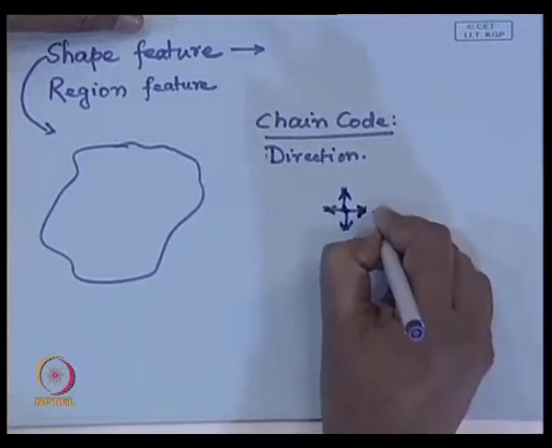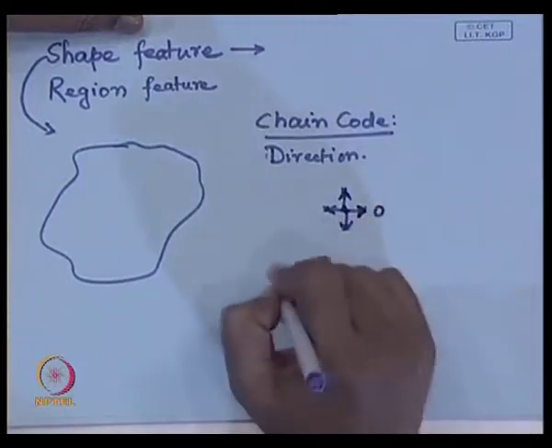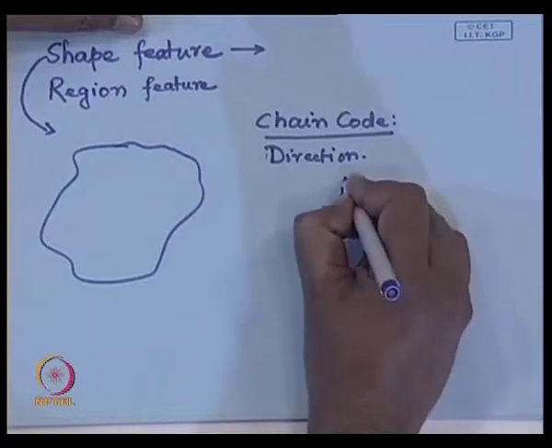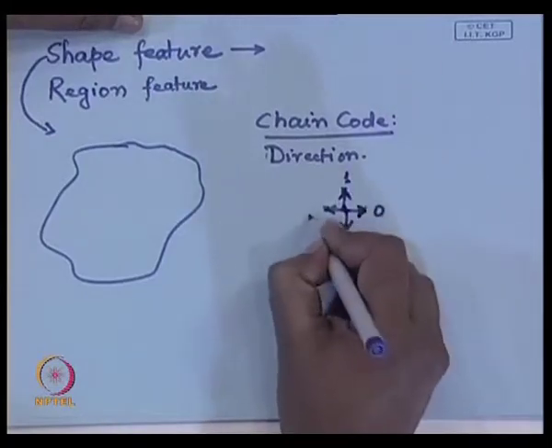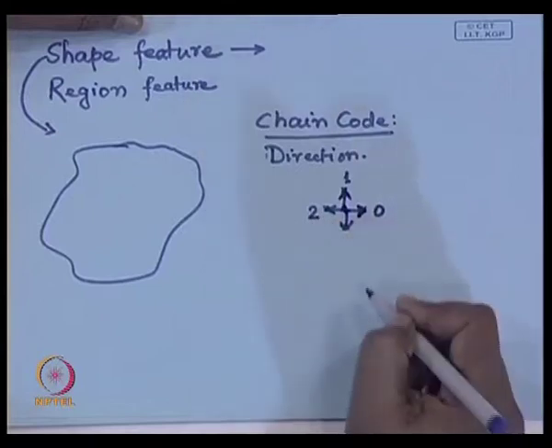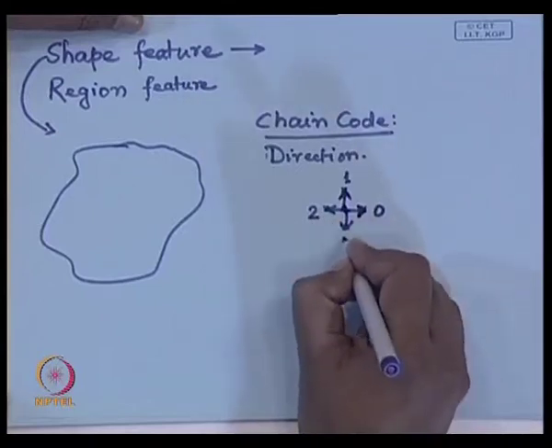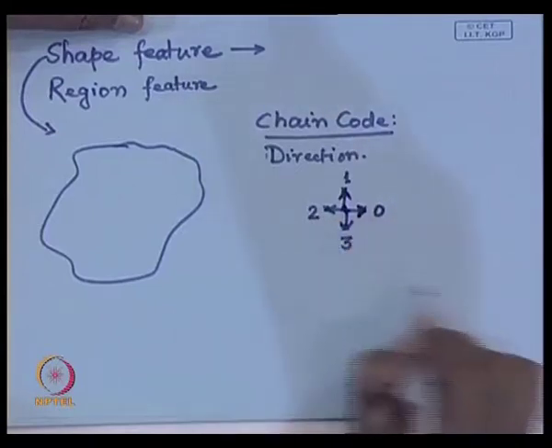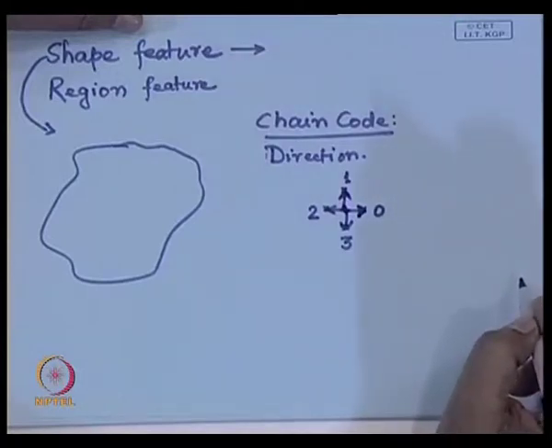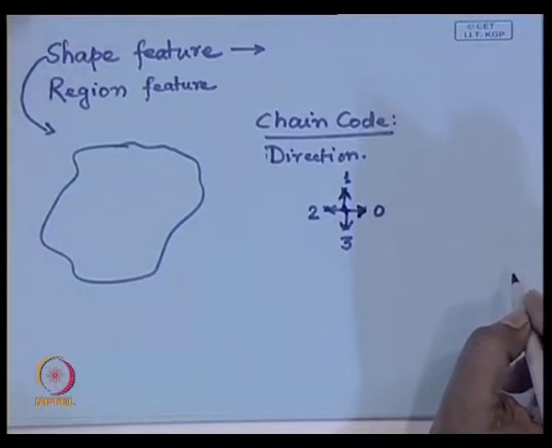I code east as direction 0, north as direction 1, west as direction 2 and south as direction 3. So every direction is coded as 0, 1, 2 or 3, which gives me all 4 possible movements following 4 connectivity.